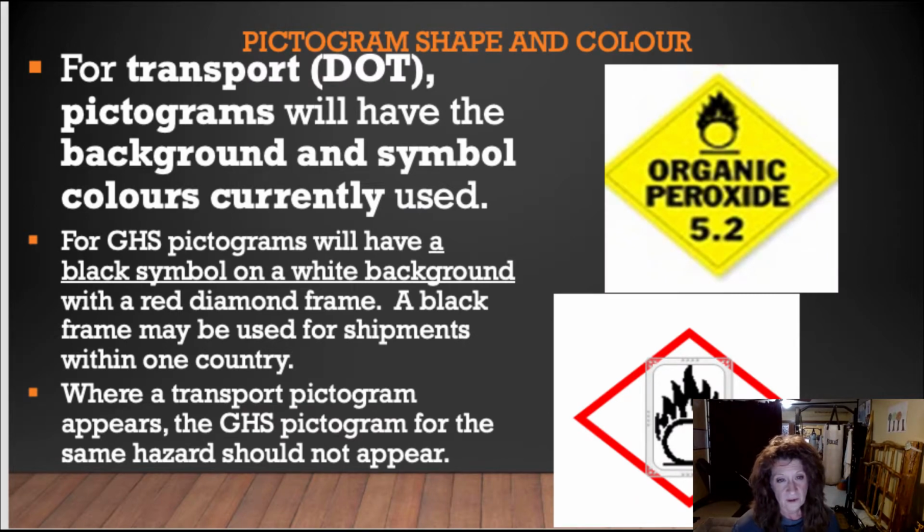So for transportation, the Department of Transportation uses placards, and these are placards. But for the global harmonization system, they use pictograms. Pictograms are always black on a white background with a red border, where DOT has different colors, so you're able to see them at a distance.